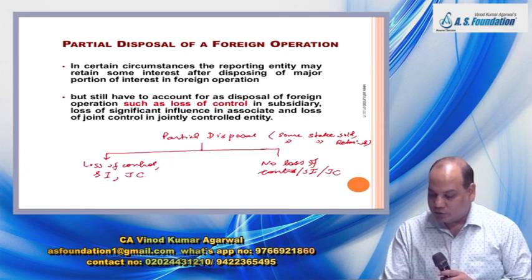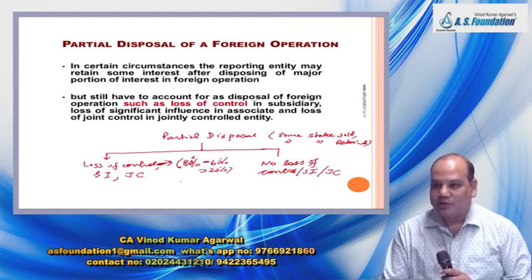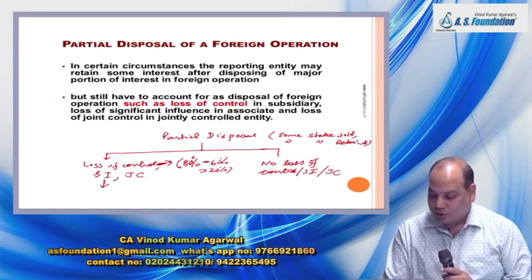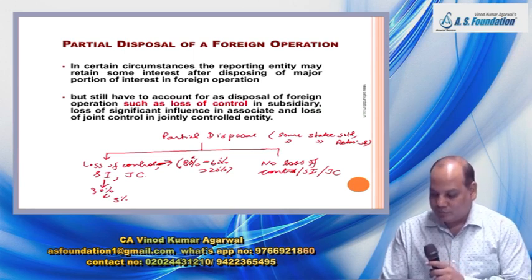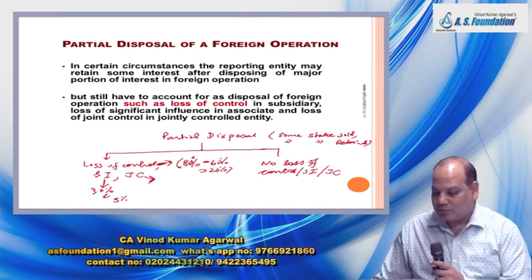Now what do you mean by loss of control? Loss of control will be from 80%. Now you have sold 80% minus 60%. So you are having only 20% share. So you don't have control. Similarly, in significant influence, you had 30% share, so you are exercising significant influence. Now you have only 5% stake left in that company. Similarly, in joint control, you don't have joint control now. Whatever may be the change in relationship, now your joint control power has gone.